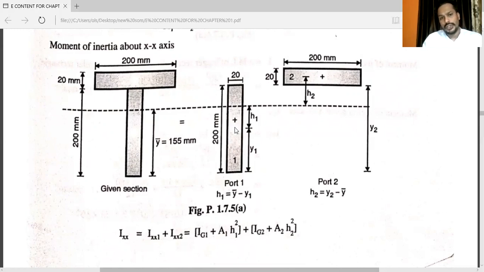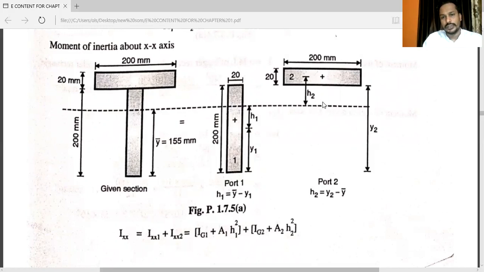cursor location. You can see the cursor location. See the difference between the centroid point of the first rectangle and the centroidal axis of the diagram. This is the difference between them. Here you can see the difference between the centroid point of the second rectangle and the centroidal axis.